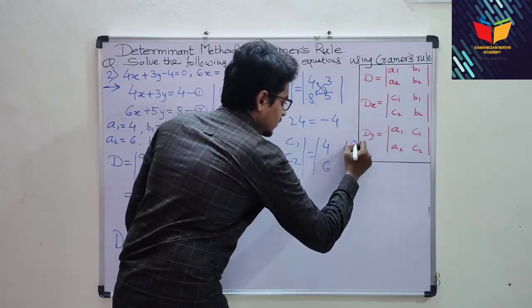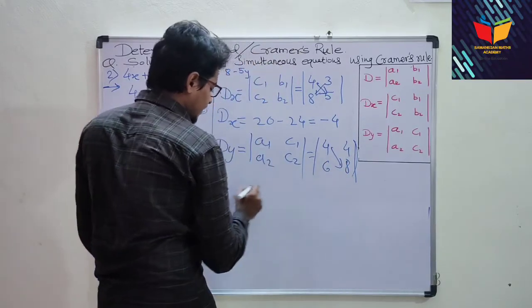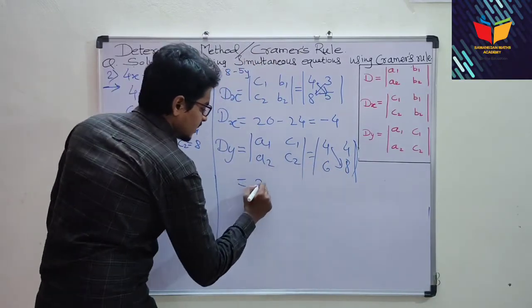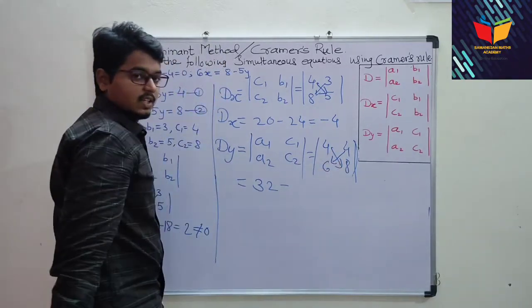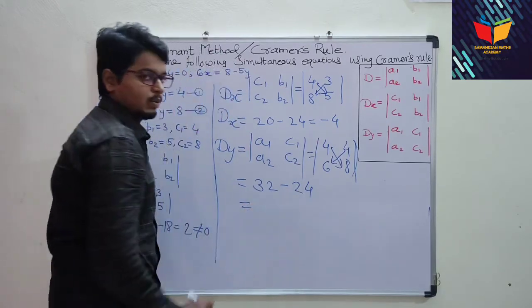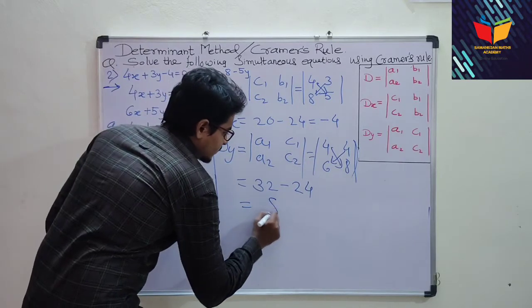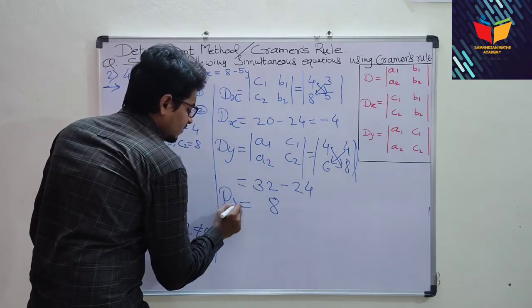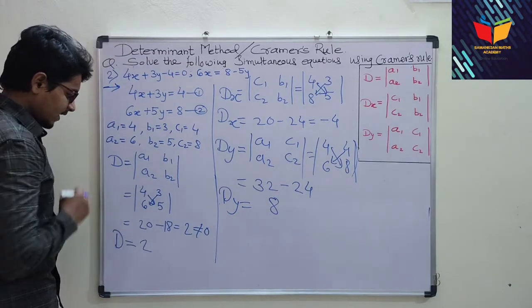Now taking their cross multiplication, 4 into 8 is equal to 32 minus 4 into 6 is 24. So which is equal to 32 minus 24 is 8. So value of dy is 8. Now we have got all the values.